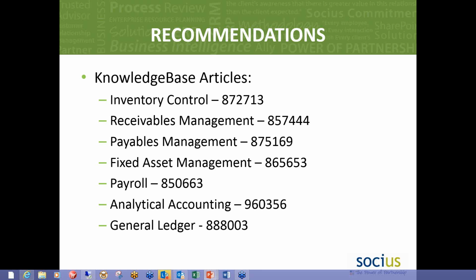So inventory, for instance, if you do a search in knowledge base of 872713, you'll find the inventory control year-end checklist. Receivables management is 857444, and so on. So you can see that these articles will provide you with a great resource. They're very thorough, and they talk about all of the things that we're going to talk about today.